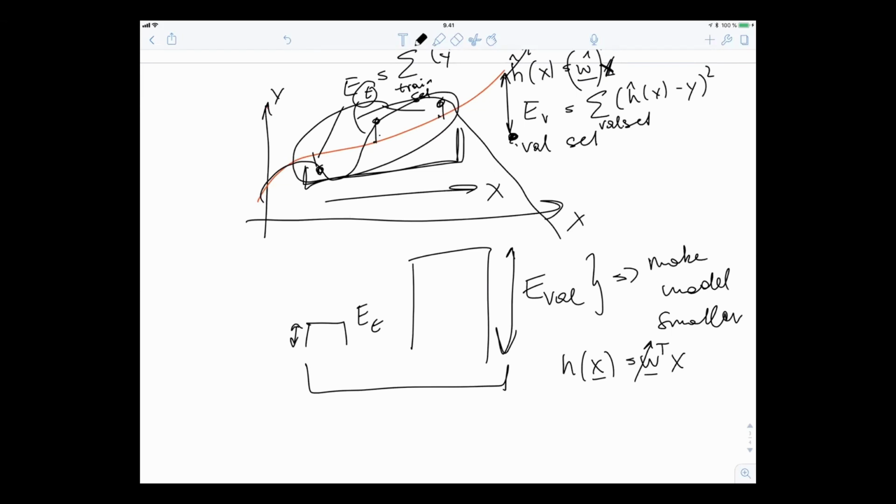How would you do it? Instead of minimizing over all possible parameter vectors, you could fix some of them. You could say, I only minimize over parameter vectors where only the first two entries are non-zero and the rest is all zero. This is equivalent to saying you ignore all features but the first two. So reducing the number of features would be one way to make the model smaller.